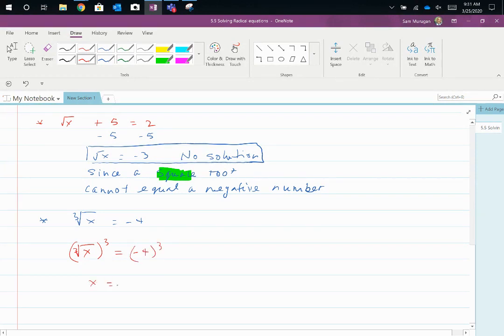So x is equal to negative 64. Negative 4 times negative 4 times negative 4 is negative 64. So you want to go ahead and check this. Cube root of negative 64 is equal to negative 4. So negative 4 is equal to negative 4, which is good.